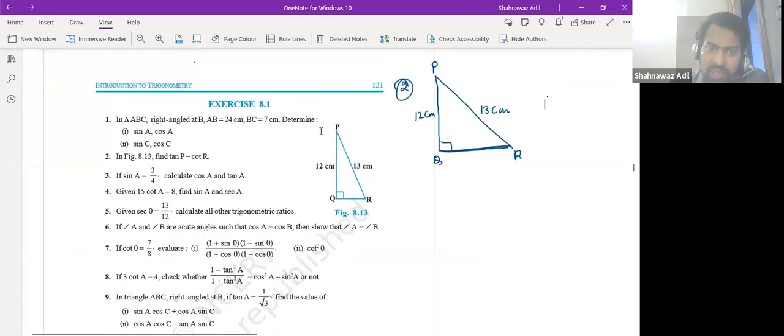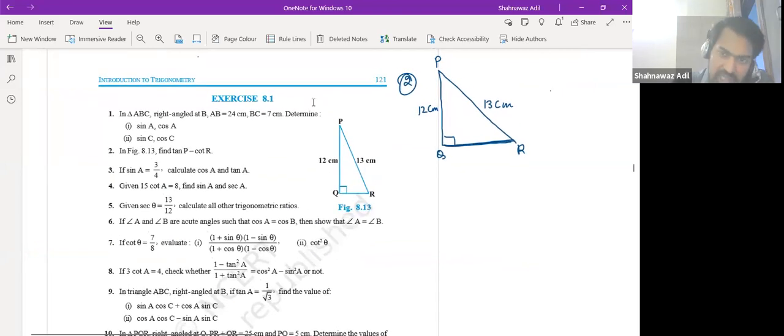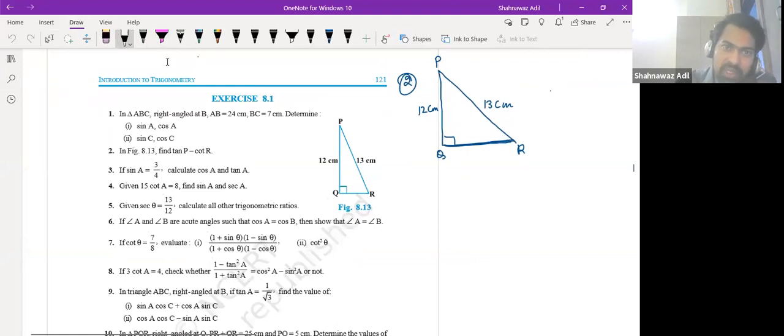Yeah, so we were talking about this second question, right? So we had this hypotenuse, and we also have this length, which is 12 centimeters. So we can calculate this QR. What would be this QR?